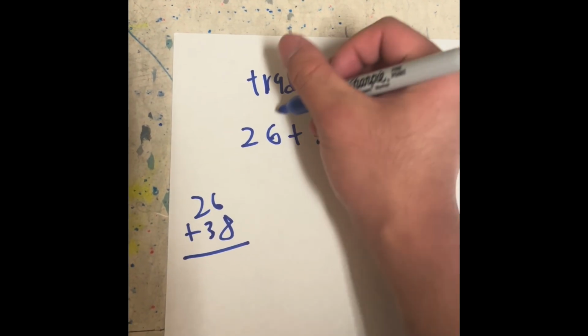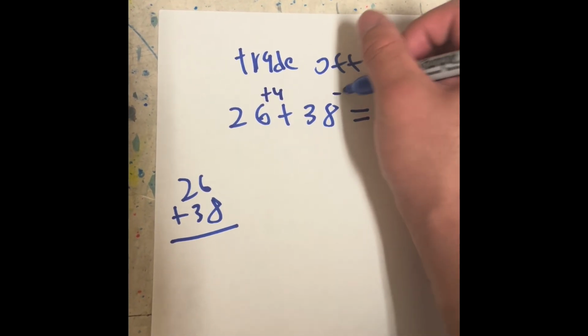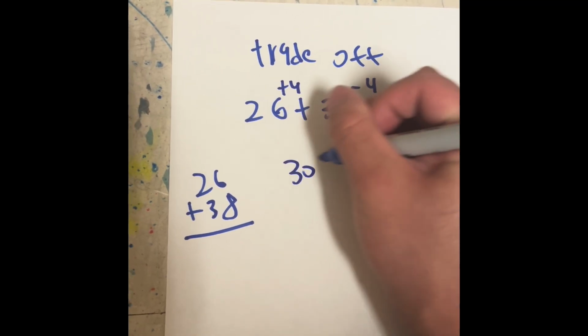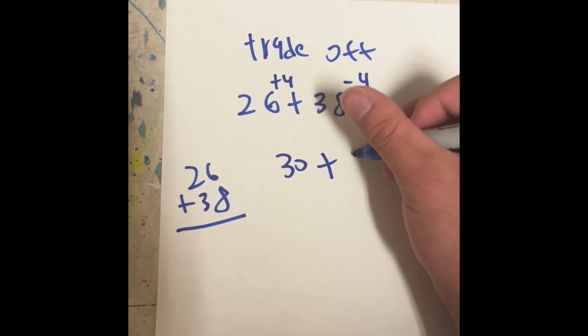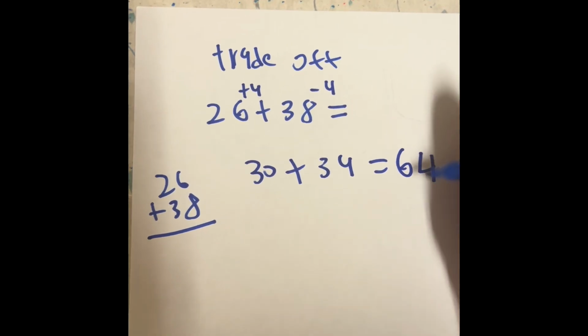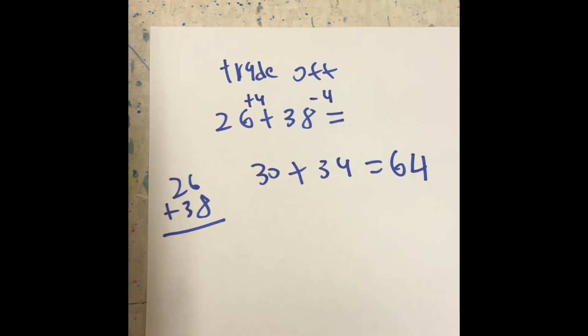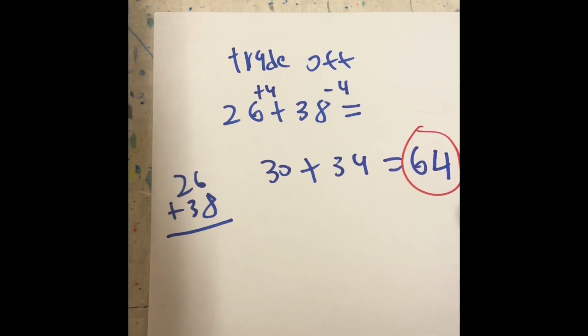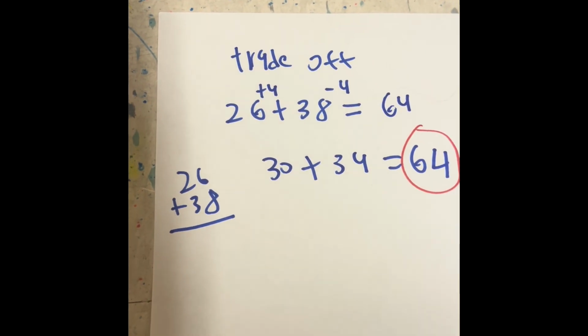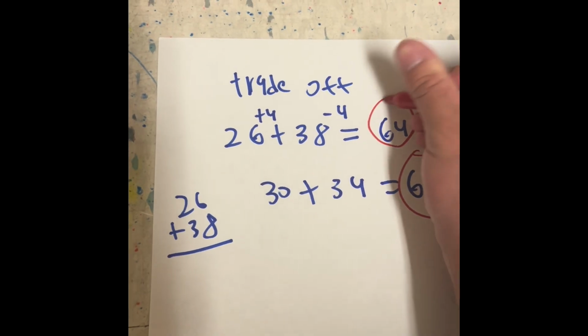So if we add 4 and subtract 4, 26 plus 4 is 30, plus 38 minus 4 is 34. So it's 64. And that's going to be our answer. It's the same thing as saying 26 plus 38 is 64, which is also the same answer.